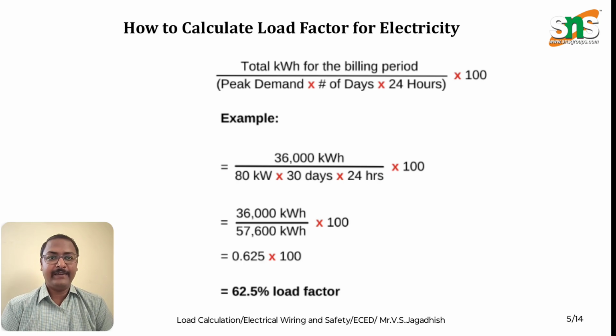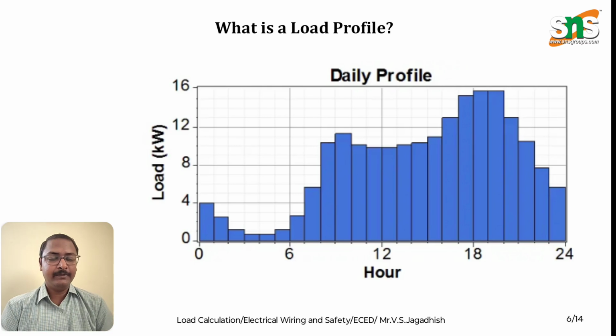So here we have the final answer as 62.5 load factor. If the load factor is increased, it means we are effectively and efficiently using the power. This is how the load factor is calculated, and this is the load profile.